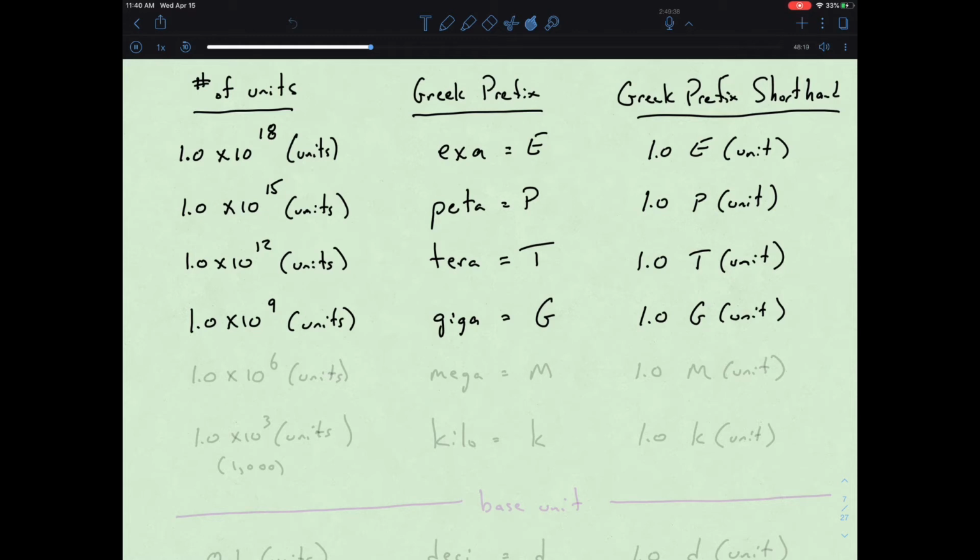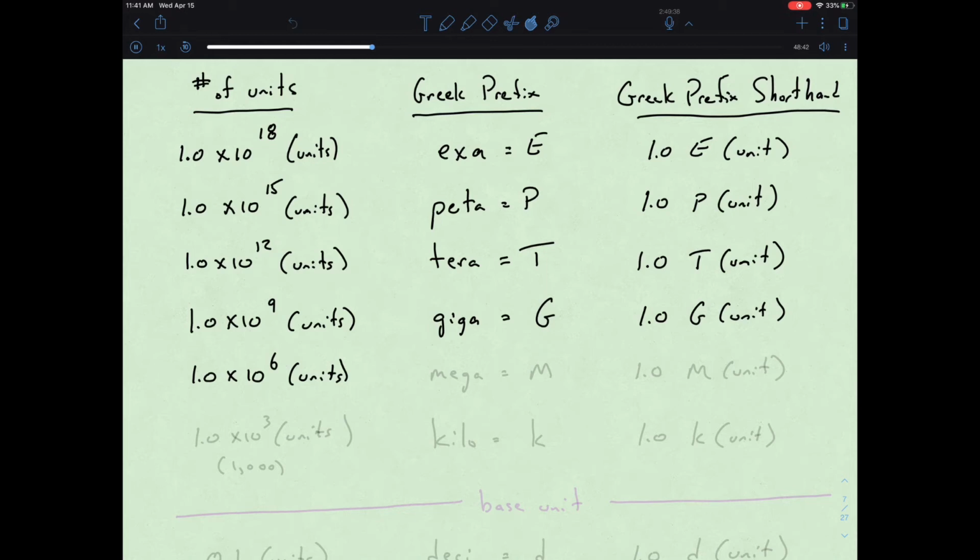So if I have 1,000 gigabytes, I have 1 terabyte, right? We can go up from there in value. We are talking about 1 times 10 to the positive 6 units.